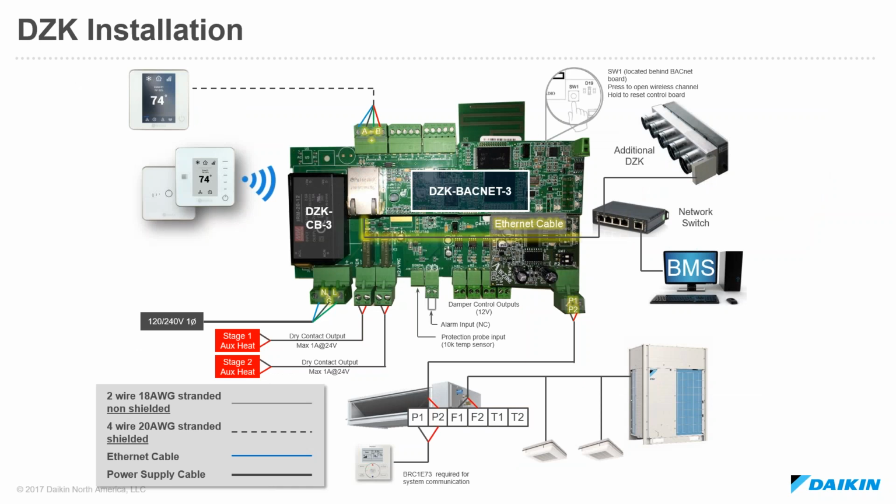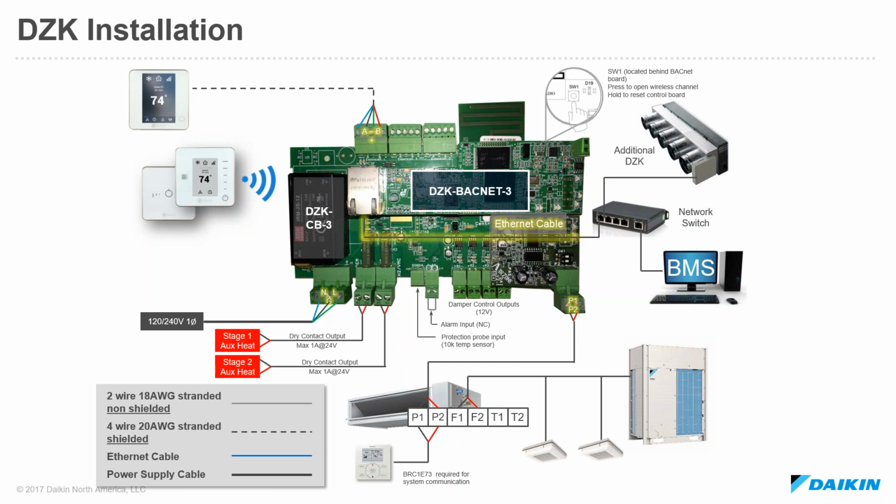So what does this look like from an installation perspective as far as wiring the DZK? What you see on the screen here is just the DZK's control board that's factory mounted inside that enclosure we saw earlier in the slides. So essentially we're wiring the DZK on P1, P2 back to the indoor unit.